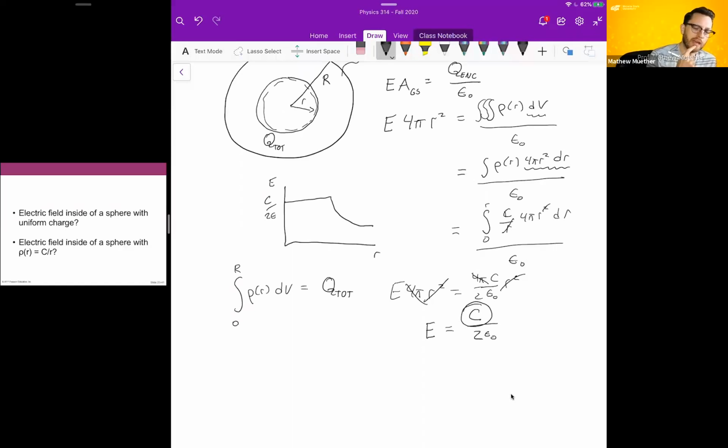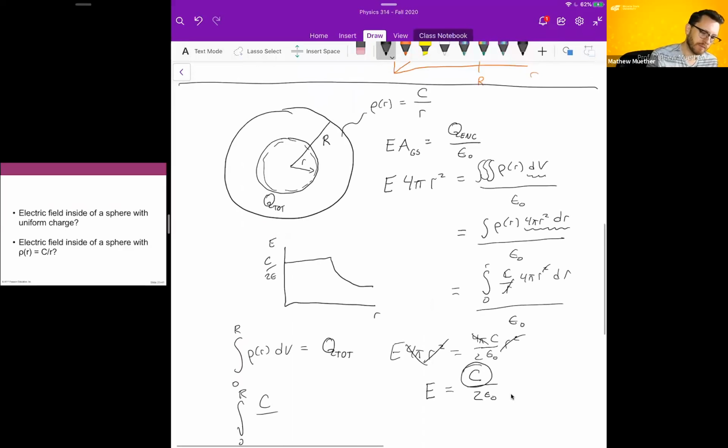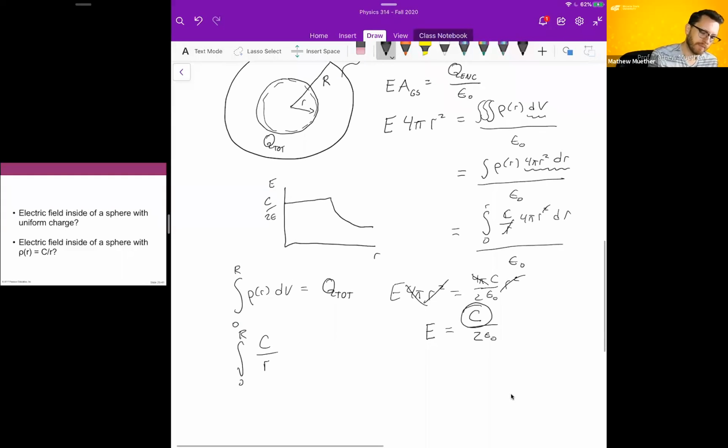So I could solve that integral to find big C. This basically says from 0 to R, C over r, 4 pi r squared dr has got to equal Q total.